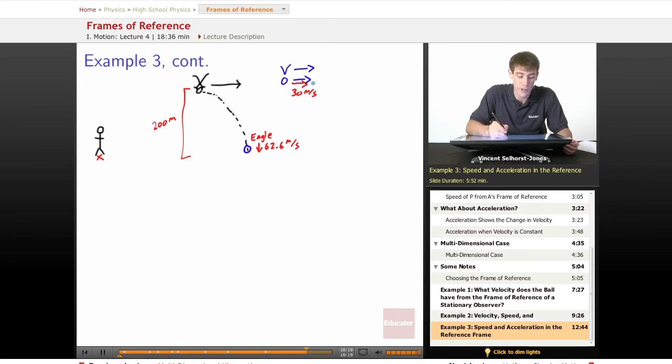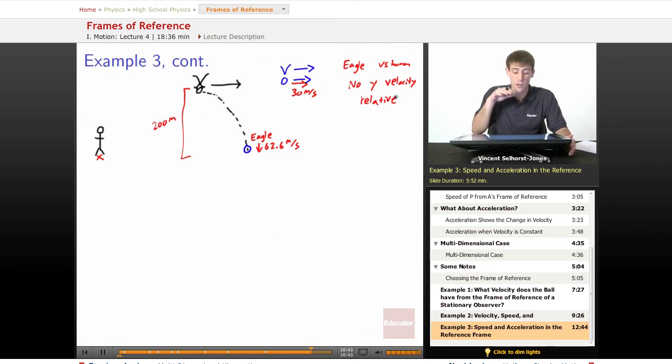We'll notice that in these two different reference frames, the eagle and the human, there's no y difference. Eagle versus human, no y velocity relative. They're not moving in terms of height. The eagle is flying along parallel to the ground.